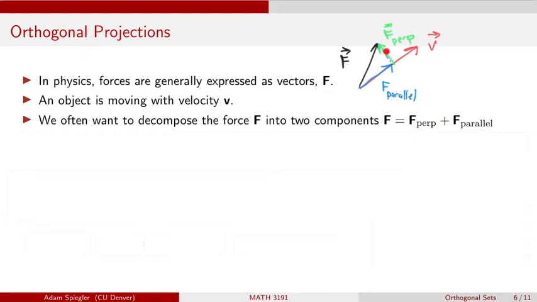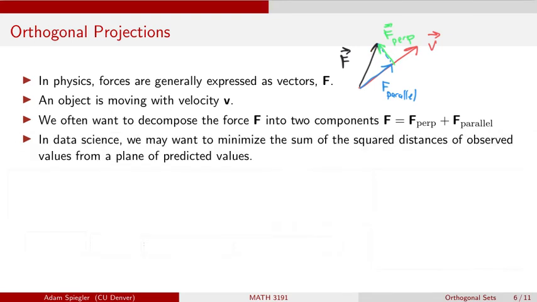And perpendicular is this vector in green that I've drawn. So this is the component of the force which is having no effect on this object. So when the force is orthogonal to the object, it is not affecting it. So therefore, we can take this wind and decompose it into a component which is affecting our motion plus some component which has no effect on our velocity.